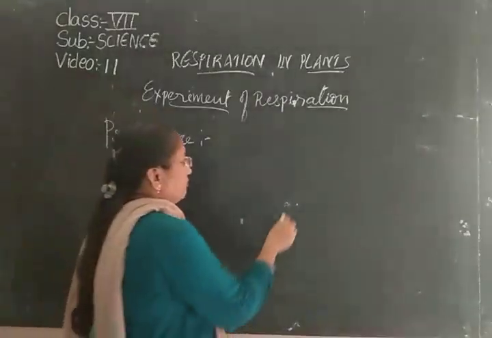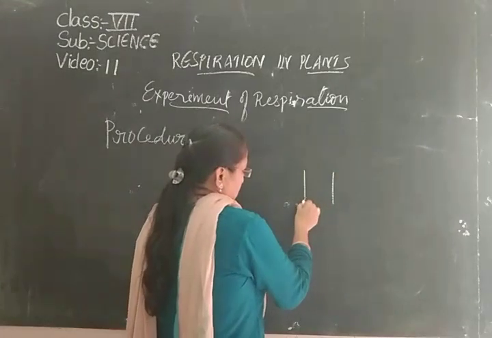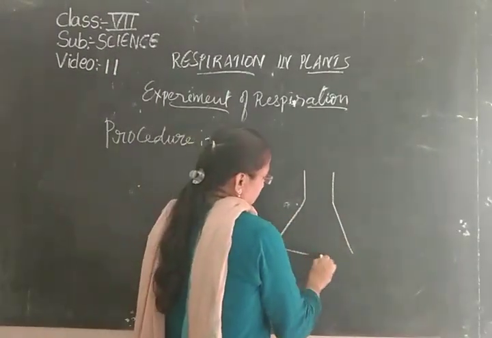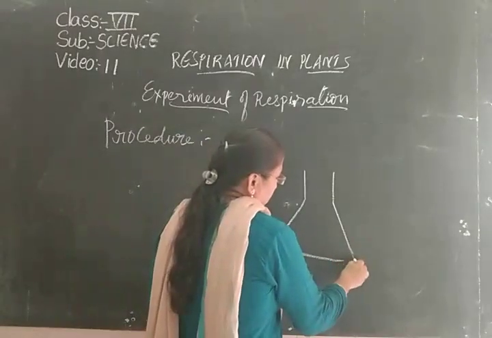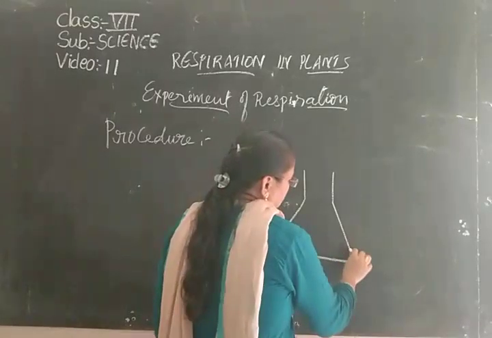First, take a conical flask. It's a glass vessel shaped like a triangle. Conical flask. Understand?